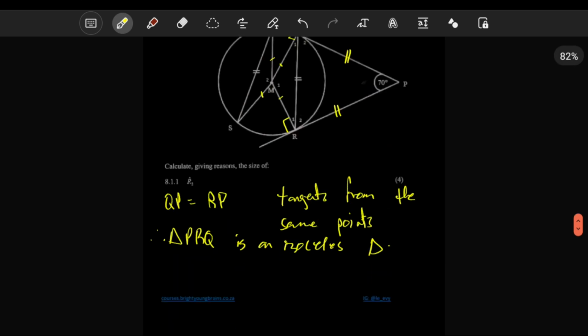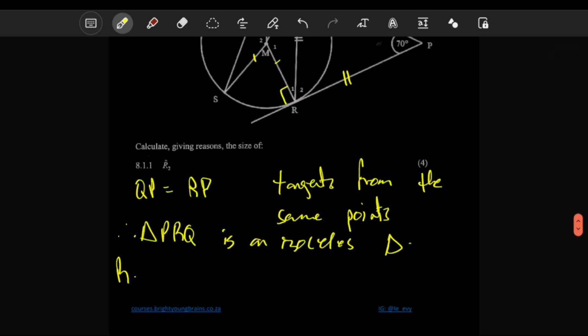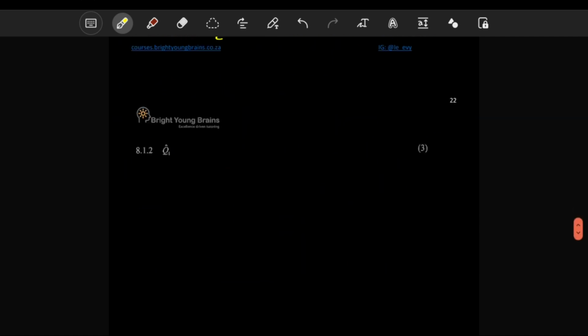So here you can say now R2 is equal to (180 degrees minus 70) divided by 2. You see, so you've written this out. That's why you're able to write this statement here. And then this is just going to be 110 divided by 2, which we all know gives us 55. That's not even an issue. So this is going to give us 55 degrees. 3 marks, I think so.